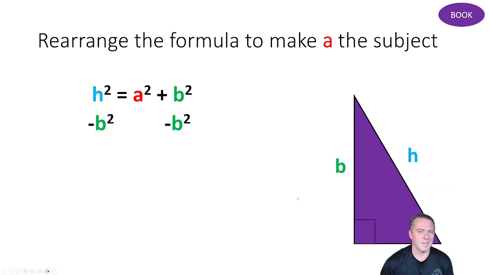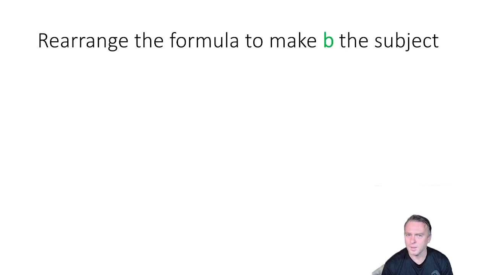Now this effectively cancels this side out. If I have B squared, then I take away B squared, it's gone. That leaves us with A squared, which we're going to put over this side, and then we just write on the other side. So then A squared is equal to H squared minus B squared. And that's the second rule of Pythagoras that you'll need to remember for the upcoming exam.